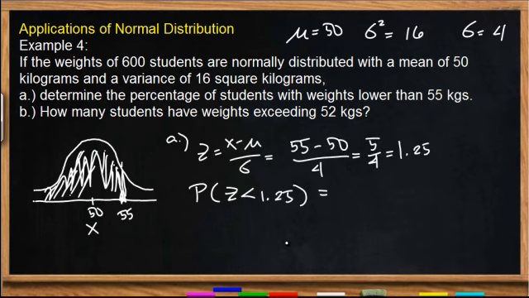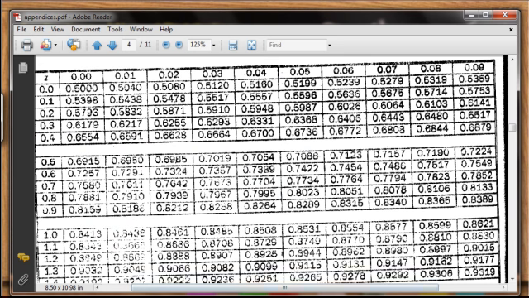And going down to the table, z is 1.25, so 1.2, then 0, 1, 2, 3, 4, 5. 1.25 is 0.8944.